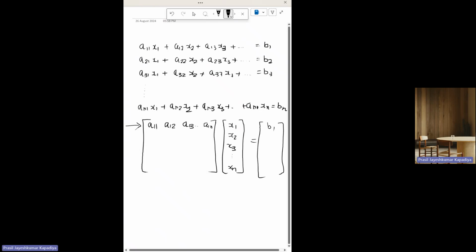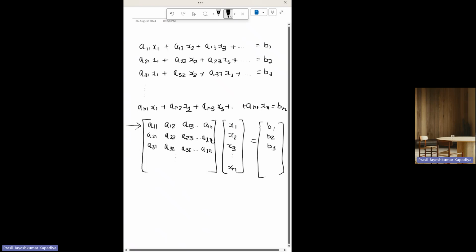Let's say my second equation is a21 x1 plus a22 into x2 plus a23 into x3 plus a2n into xn is equal to b2. Similarly, a31 x1 plus a32 x2 plus a33 x3 plus a3n xn is equal to b3.